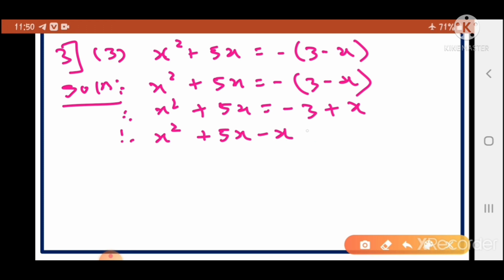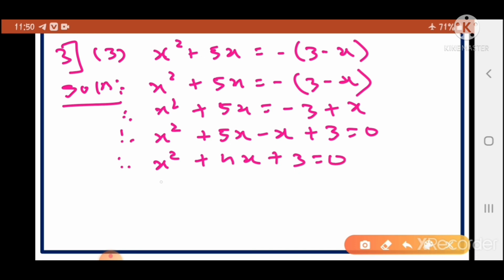Minus 3 is on the right, so it will come to the left, so it becomes plus 3 equal to 0. Therefore x square, 5x minus 1x becomes what? 4x. So plus 4x plus 3 equal to 0.